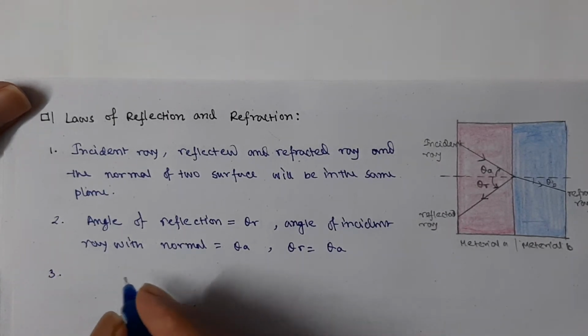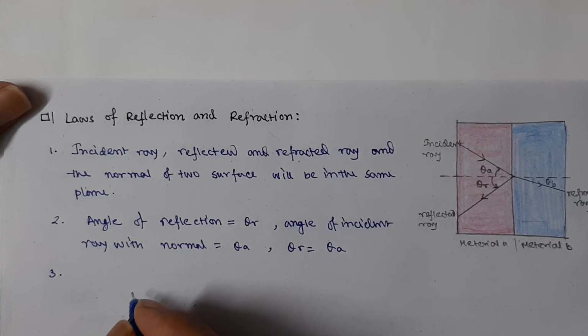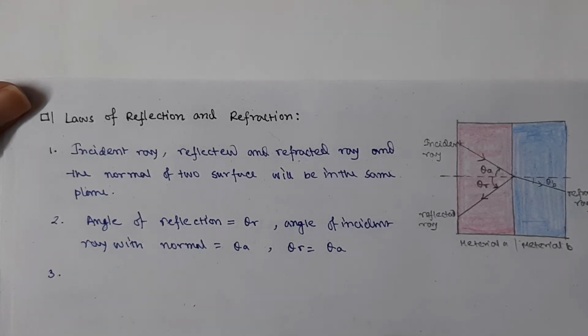The law number 3 is for monochromatic light. Monochromatic light means light of the same color, and the same color means the same wavelength and the same frequency.